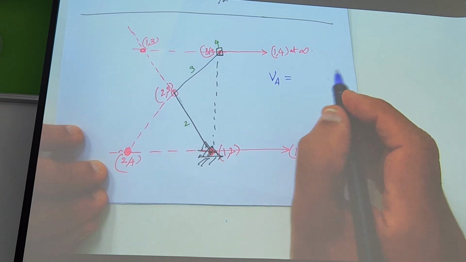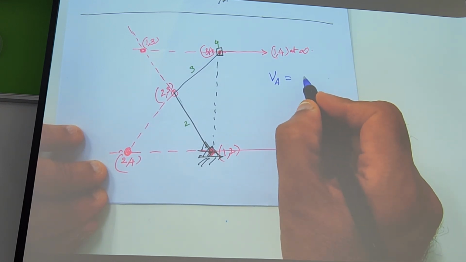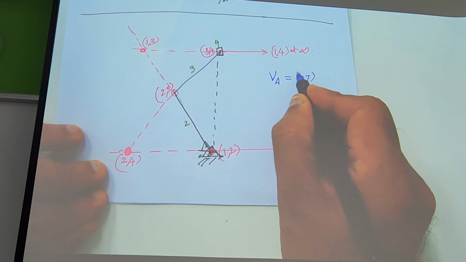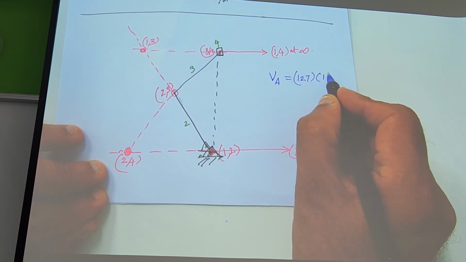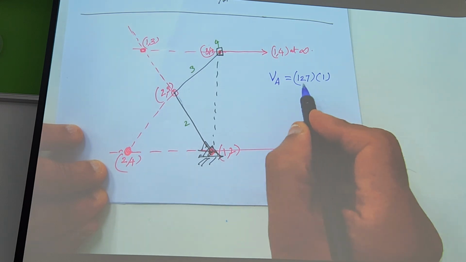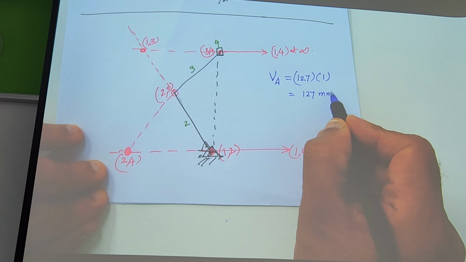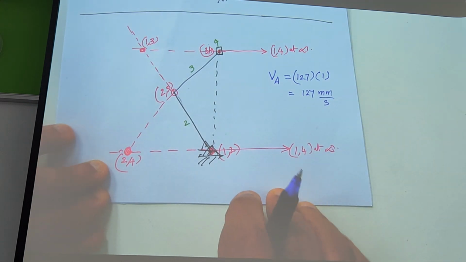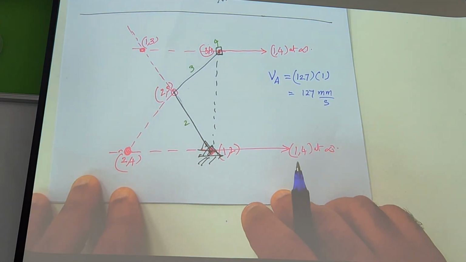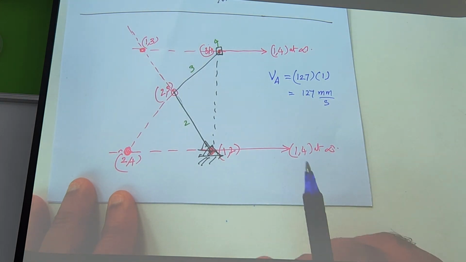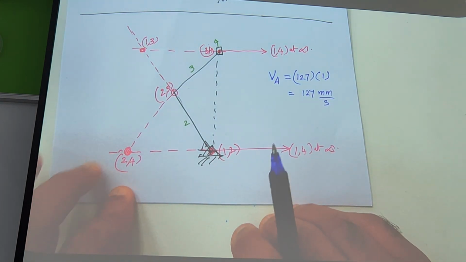So for example, if you are taking inches, 127 mm into 1. Velocity A is 127 mm per second, because omega 2 is given as 1 radian per second, right?